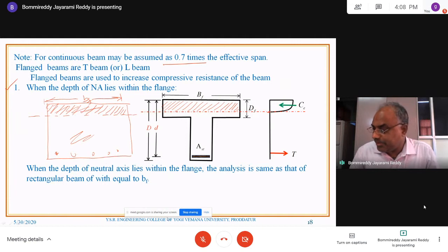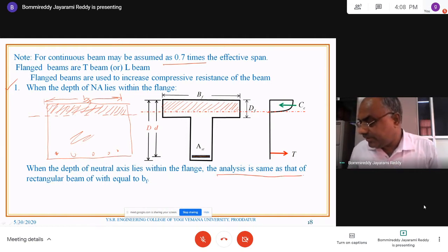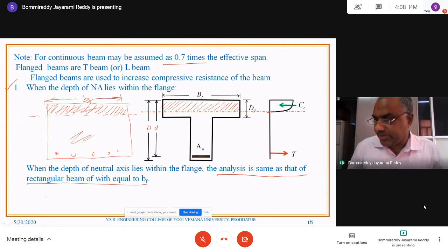The analysis is the same as that of a rectangular beam of width equal to B suffix F.